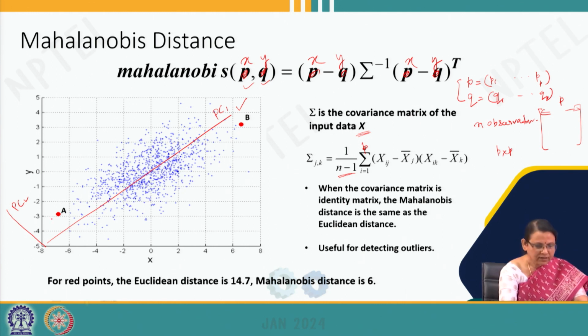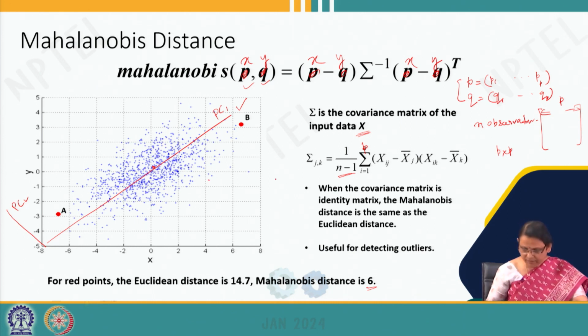So, as a result, this distance is less, because the mean will be somewhere here. So, naturally they will be more close in terms of this axis.